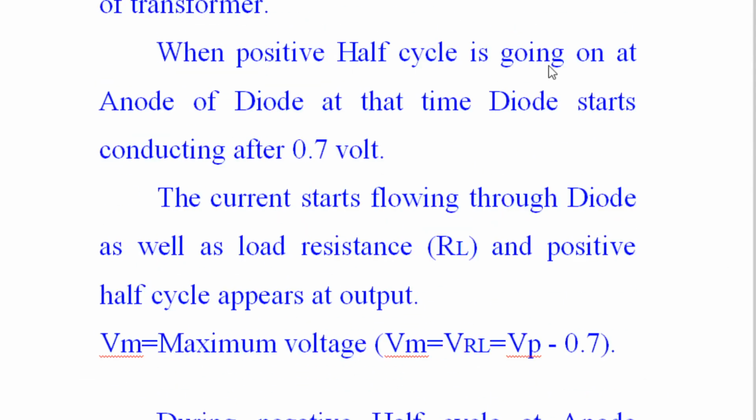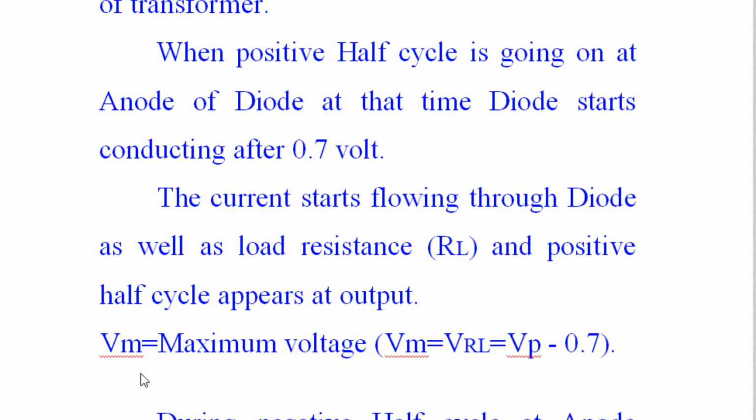When the positive half cycle is going on at the anode of the diode, the diode starts conducting after 0.7 volt. The current starts flowing through the diode as well as the load resistor RL, and the positive half cycle appears at the output.